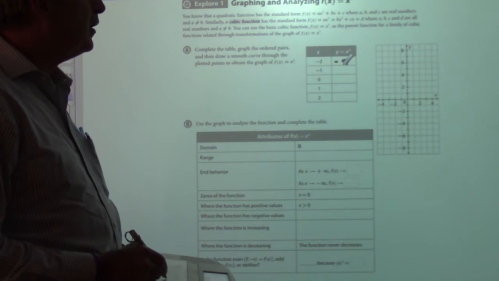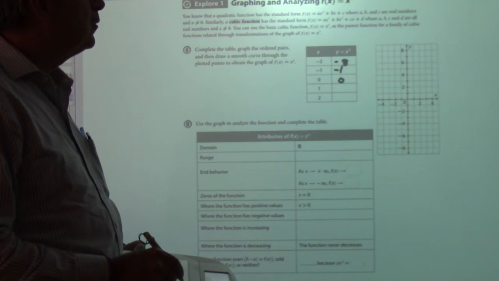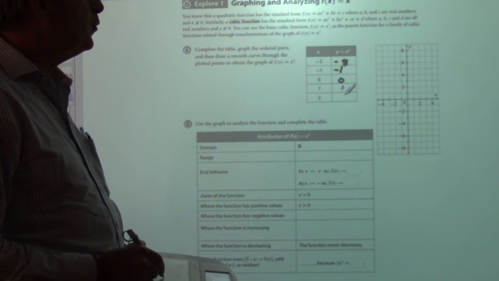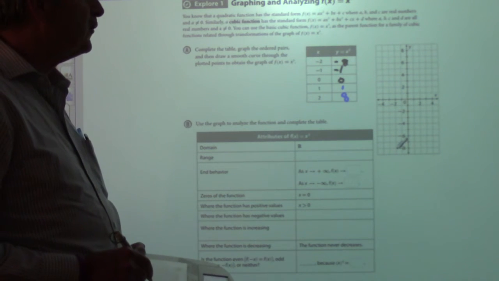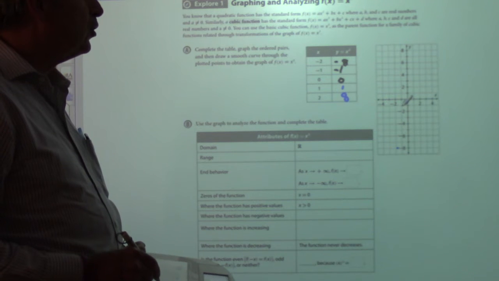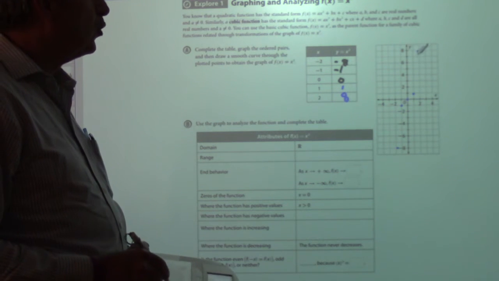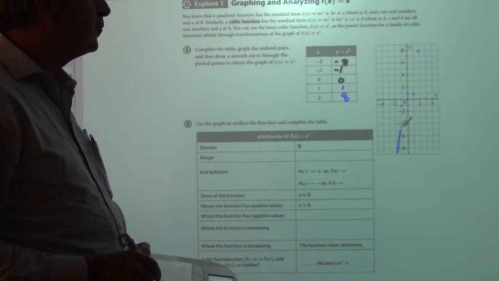If you plug in -1, -1 cubed is -1, 0 cubed is 0, 1 cubed is 1, and 2 cubed is 8. So you can go ahead and plot this on your coordinate plane, and it goes something like this.